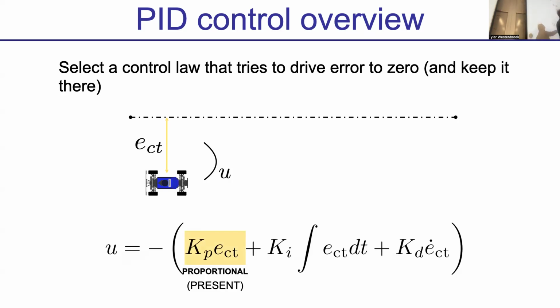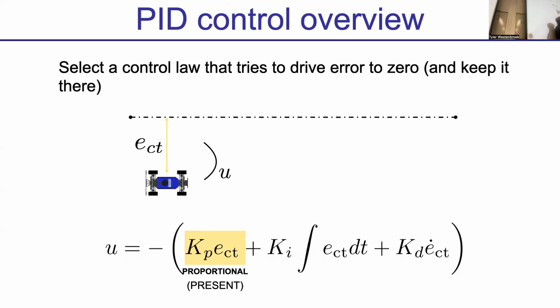So this is the proportional term. What you want to think of the proportional term as doing is capturing the present state of your system. Okay, so what is this saying? Imagine my cross-tracking error is positive.